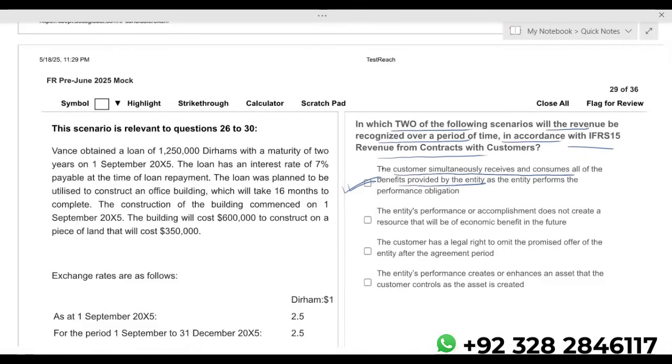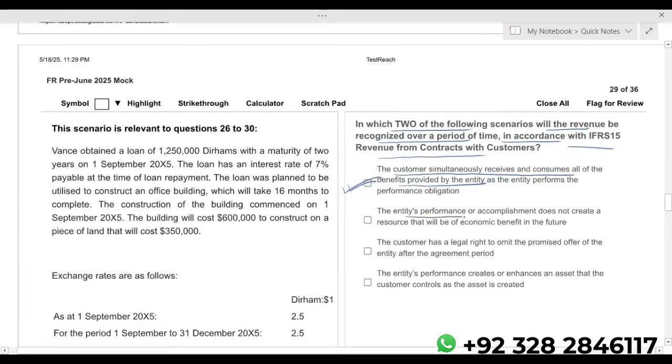It's not only the equipment which we are going to provide you. Let's say we give you the personal trainer as well, and it is included within that particular fee. So slowly and gradually, as my customer is utilizing the equipment and taking the services, simultaneously the customer is getting the benefits. So I'll recognize the revenue over time. The customer simultaneously receives and consumes the benefits.